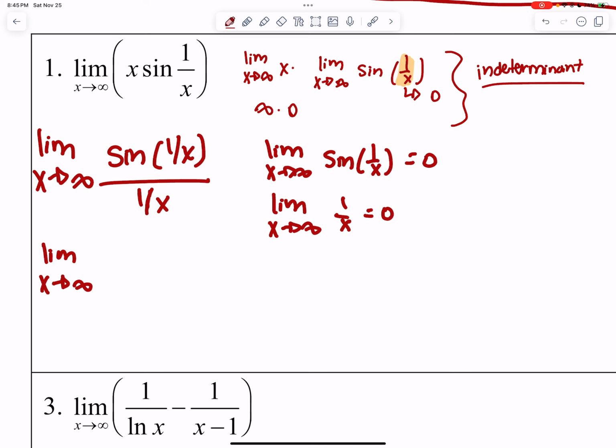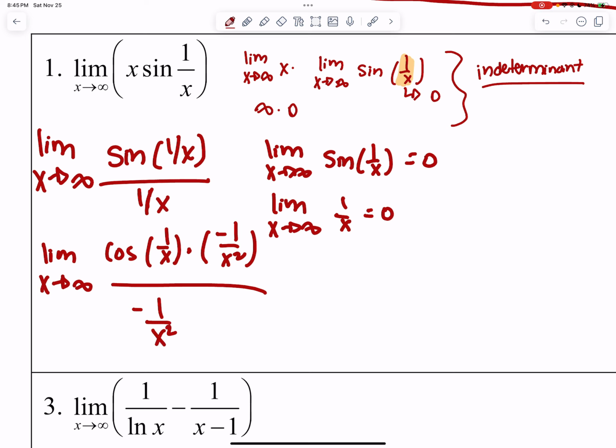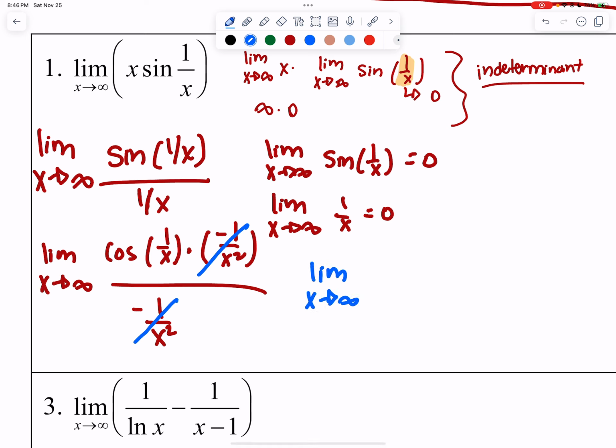The derivative of sine of 1 over x is going to be cosine 1 over x, and then the derivative of the inside, which is just going to be negative 1 over x squared. And then the derivative of 1 over x is going to be negative 1 over x squared. You'll see that these two will cancel out. So I'm just left with the limit as x approaches infinity of cosine 1 over x.